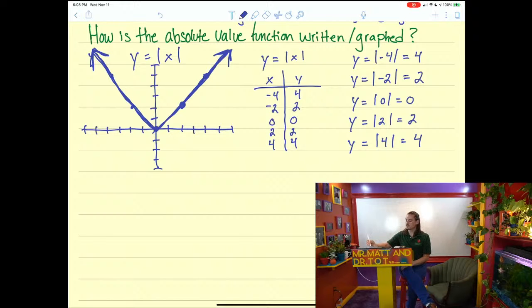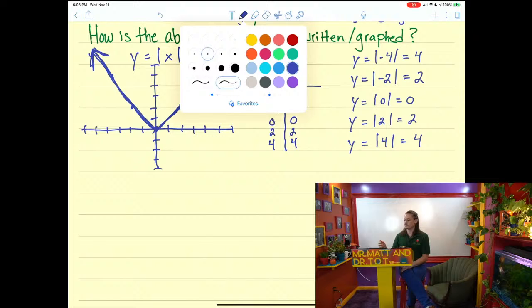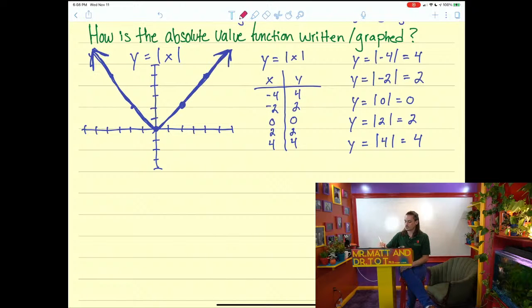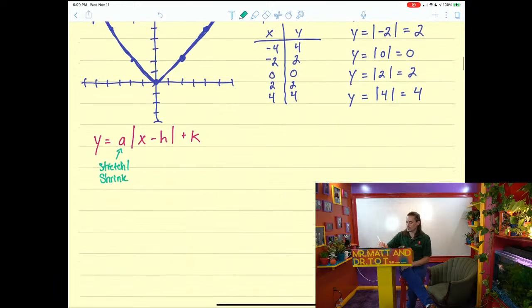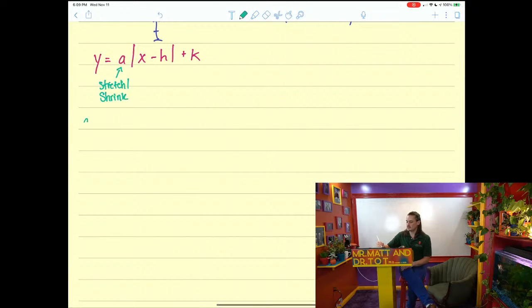Now, we also learned last time of this transformational form that we're going to talk about in a little bit, but I just want to mention it now. So if we're trying to transform this function, we have y is equal to a times the absolute value of x minus h quantity plus k. And so this a value is your stretch or shrink value. We know that when a is equal to 1, there's no effect.